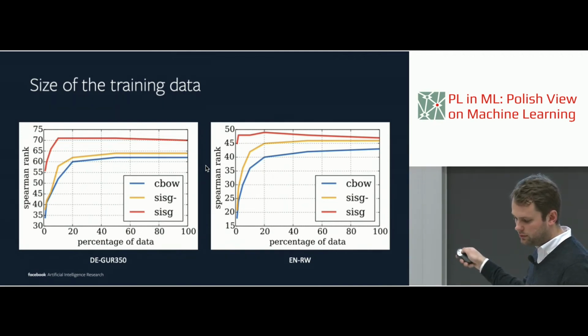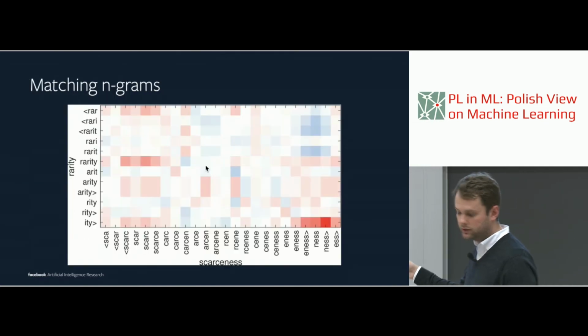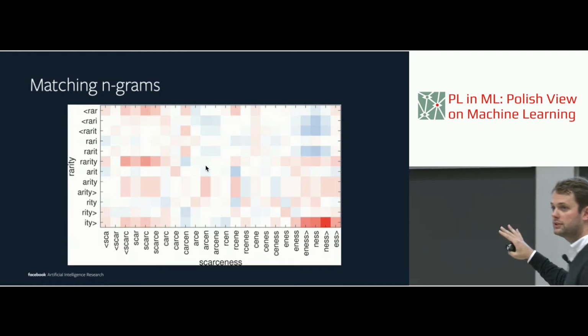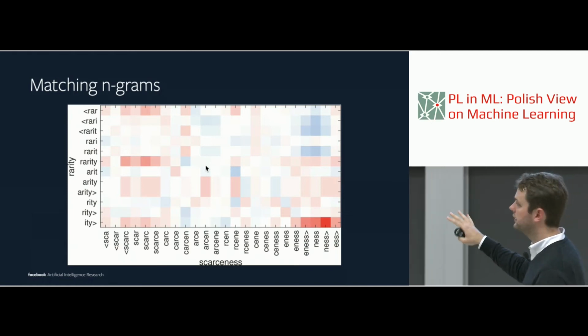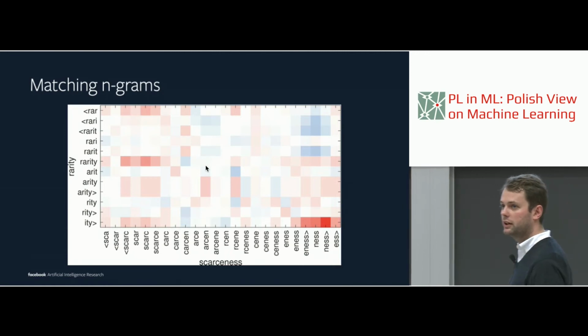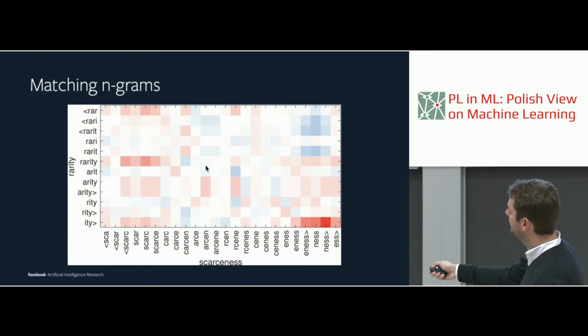I'm going to finish the presentation of this paper with some qualitative results where you have basically the character n-grams for 2 words that were not in the training set, and you look at the dot product between the character n-grams. You see that rarity had a high dot product, so red when there is a high dot product, blue when there is a small one.